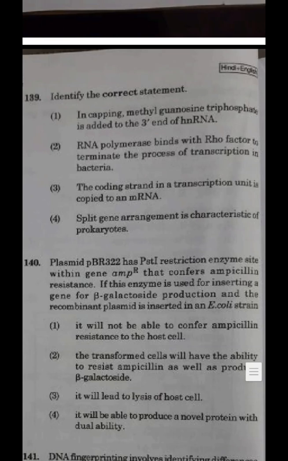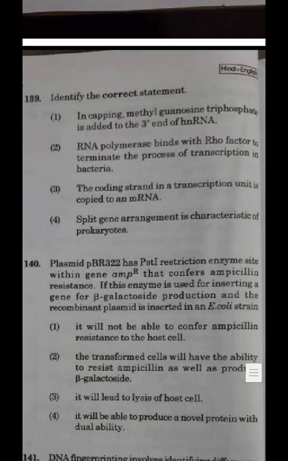That means it has an ATPase activity which binds to the rut site of the hanging RNA, then gradually moves and binds with the RNA polymerase. As soon as it binds with the RNA polymerase, the termination of transcription takes place. So this is also a correct statement.